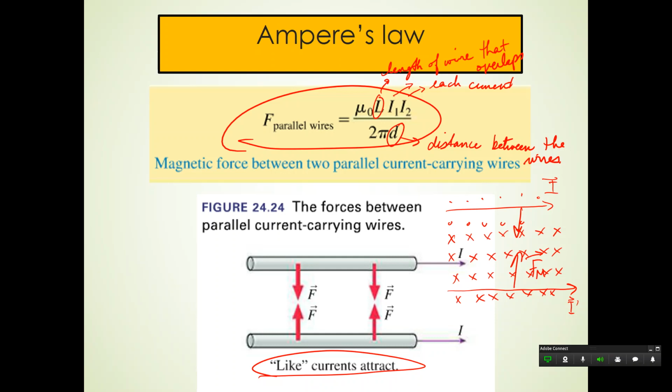So let's say this wire is this long and this wire is this long. Well, they only overlap for that amount. So that's the part where they're going to interact. That's your L right there. And of course, this is just the magnitude.